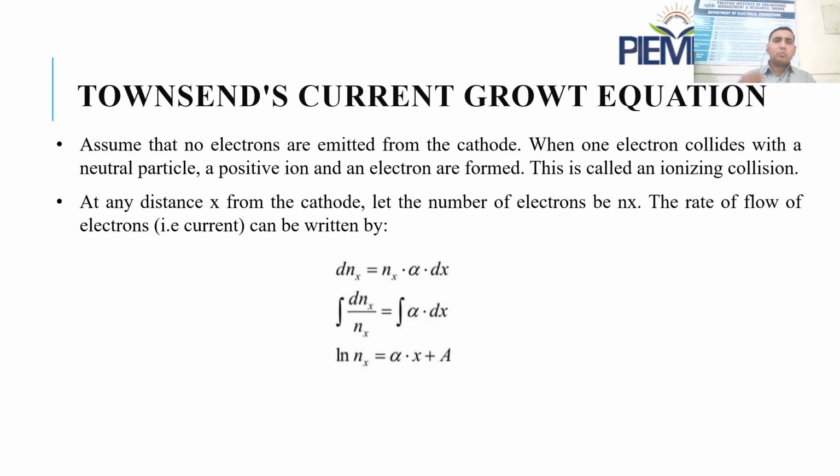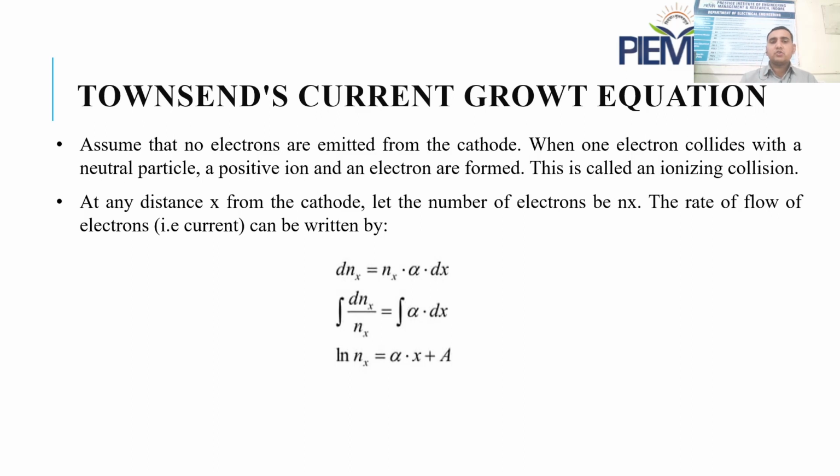Let us assume how many electrons reach the anode. Let n0 be the number of electrons emitted from the cathode. One electron collides with a neutral particle as in the ionization collision method. If x is the distance from the cathode, let the number of electrons be nx. At a small distance x, the cumulative number of electrons is nx.